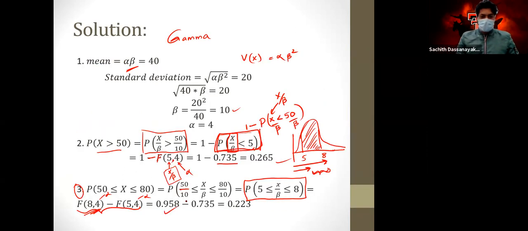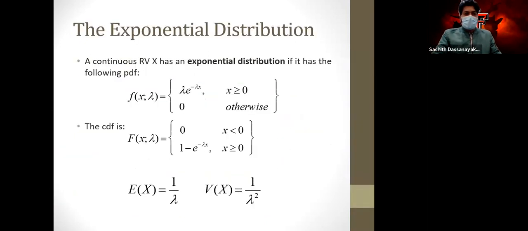Using the same way, you can find the other value and give the answer they need. Clear? Don't forget this step, dividing by beta. That's about the gamma distribution.